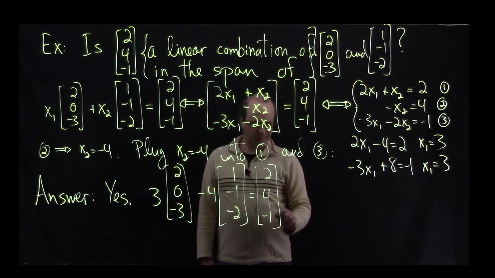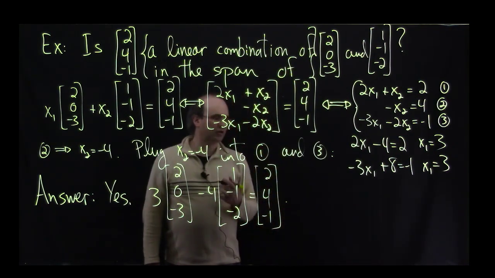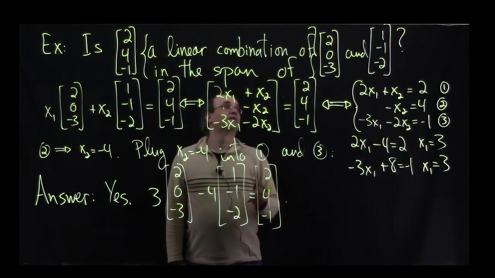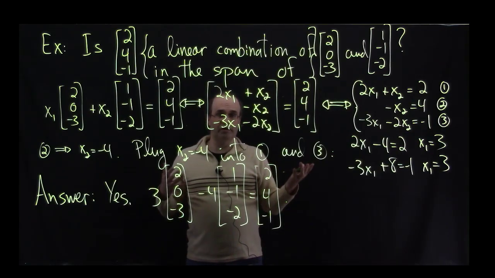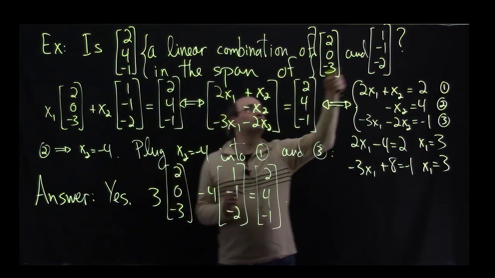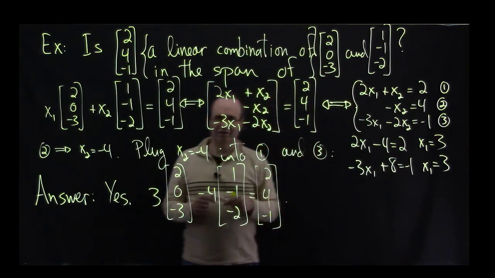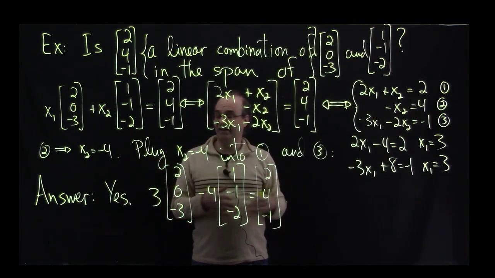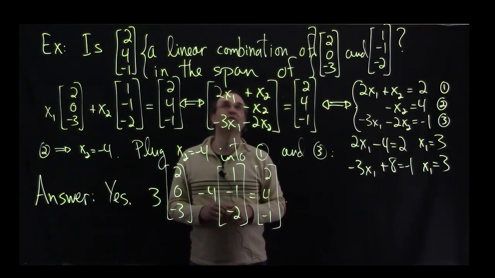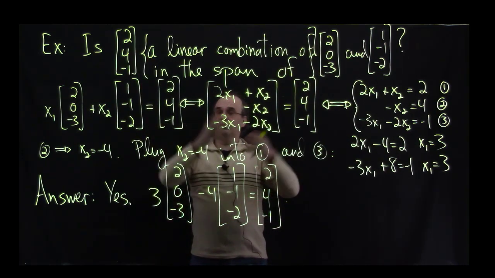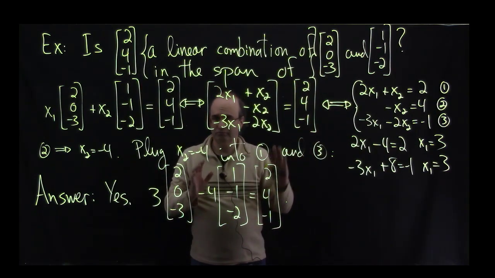So the span of these two vectors will be a plane in R3. These two vectors are not parallel, so the span will not be a line. It's going to be a plane sitting inside R3 in some way, going through the origin.